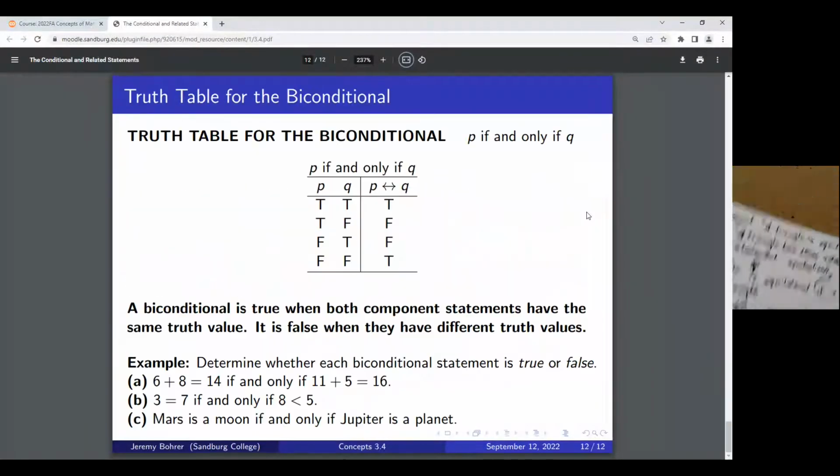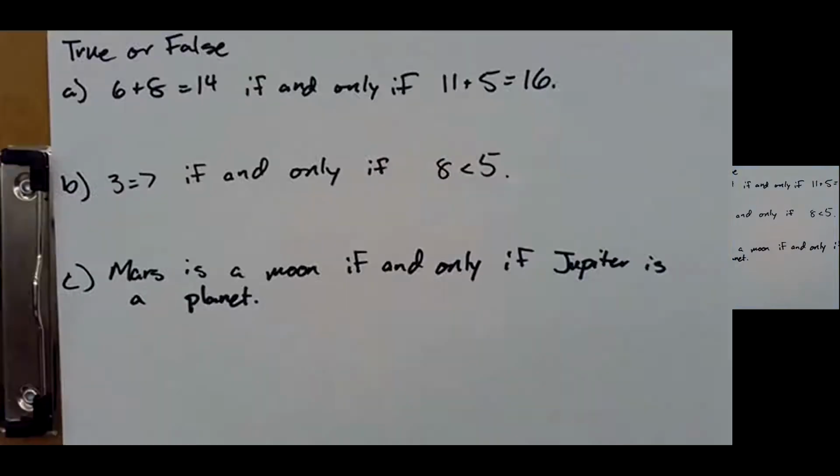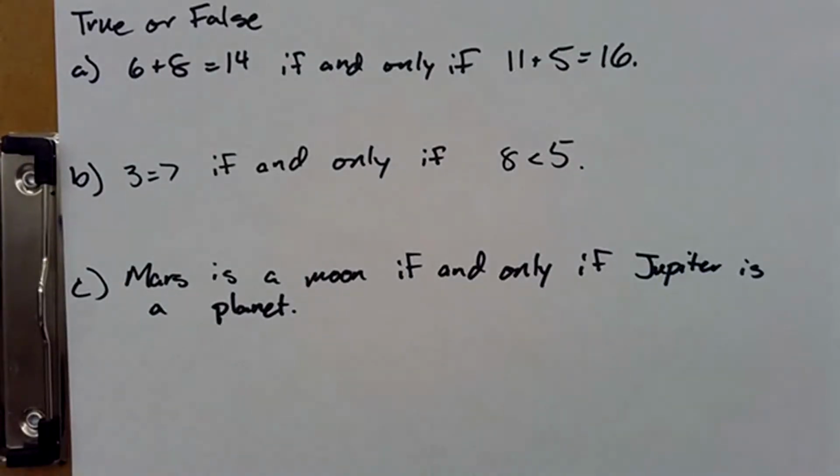Okay, next up, we're asked to determine whether these biconditional statements are true or false. So we start with 6 plus 8 equals 14 if and only if 11 plus 5 equals 16.